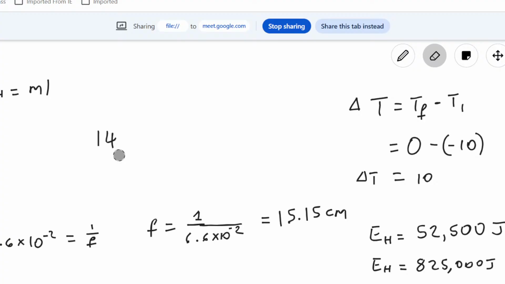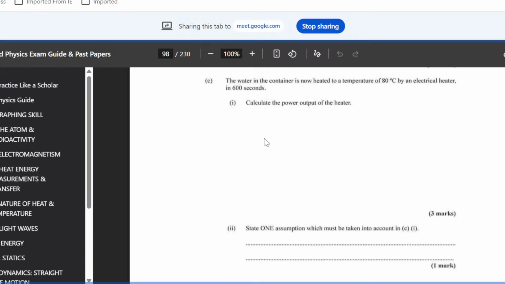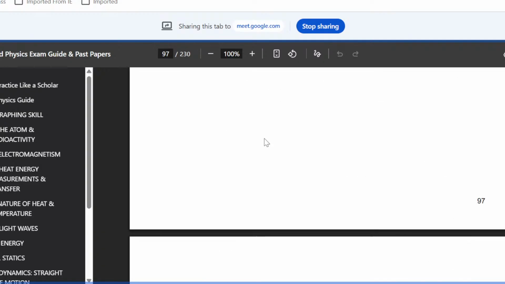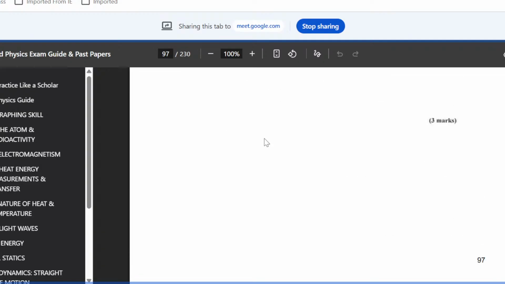So I just recalculated it. It's the same number I got, 1,400. Okay, scroll up. What was the mass again? 2.5. So wouldn't that be 2.5 times 4,200 and you multiply that by the 80? Yeah.